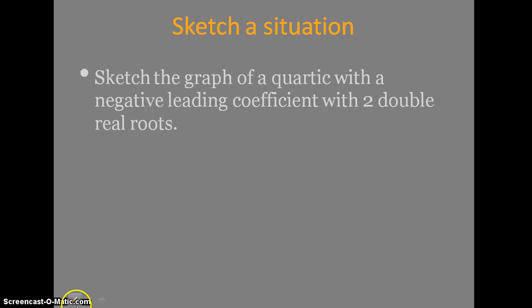Next one. Sketch a graph of a quartic. If our graph is going to be quartic, we often have a W or an M looking graph. Remember that the end behaviors will be the same with a quartic because of the even power on it. So let's see if we can have a negative leading coefficient. So that means we have this one.